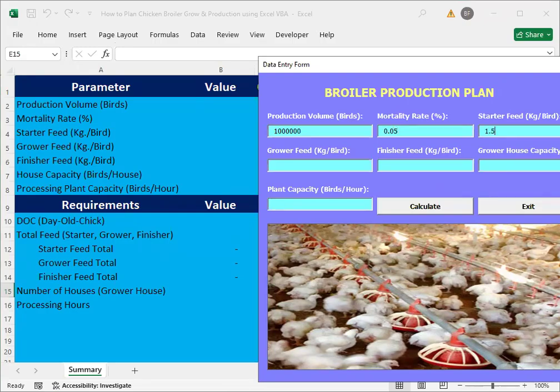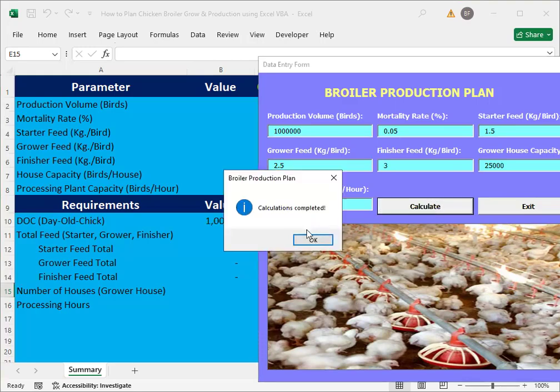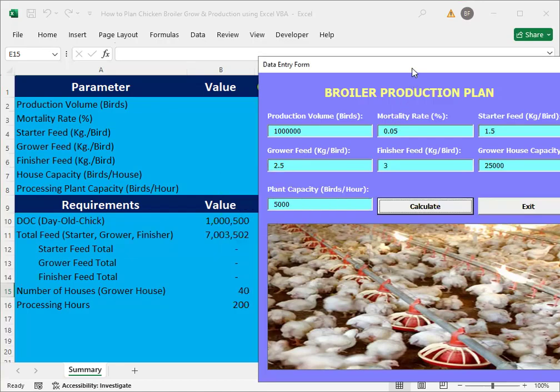The starter feed would be 1.5 kilograms per bird, the grower feed 2.5 kilograms per bird, and the finisher feed 3 kilograms per bird. The grower house capacity is 25,000 birds in one house, and the processing plant operates at 5,000 birds per hour.